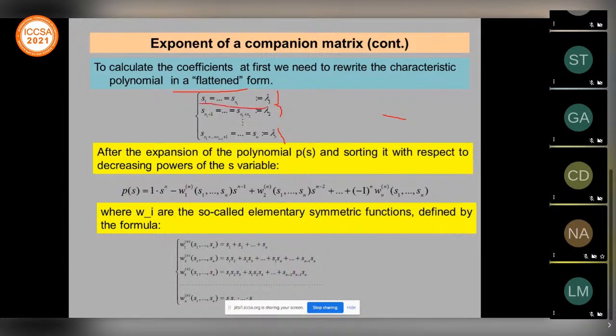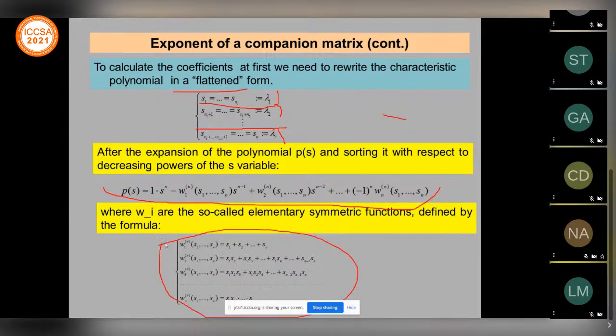We group them in the following r groups, and after expanding the polynomial in s and sorting it with respect to decreasing powers of the s variable, we obtain such a characteristic polynomial, where the small w's are the so-called elementary symmetric functions, which are defined by the following formula below.